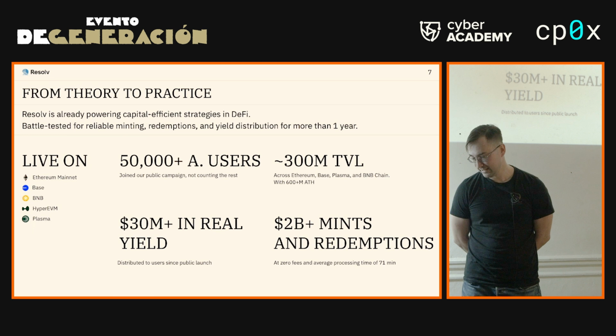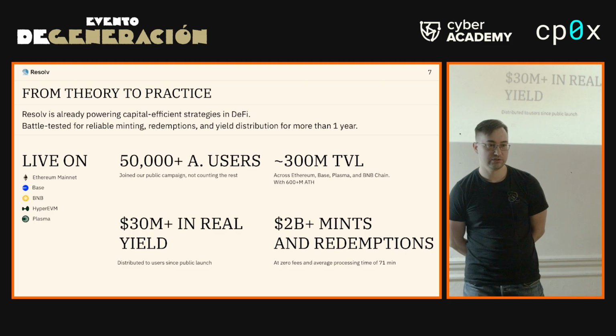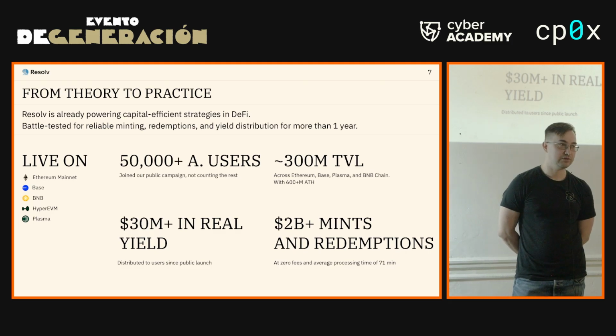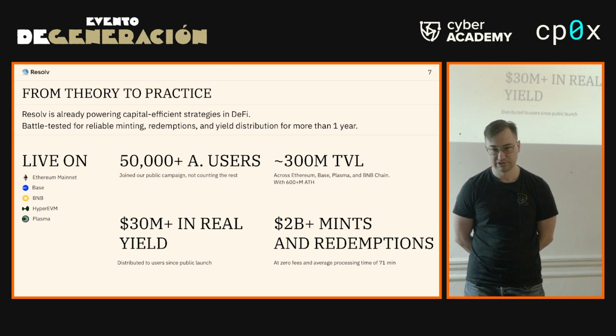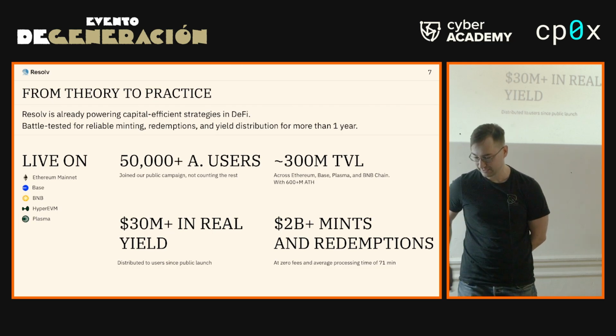It has paid out more than 30 million in real yield. I haven't faced any meaningful, at least direct, economic impacts from all the recent events, and not only recent events. So in practice, it seems like it is working. Let's put it that way.